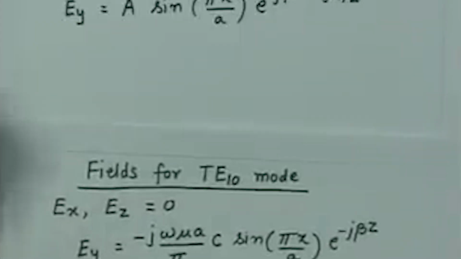So, if I want to get the instantaneous field as a function of x, y, z, I take the real part of this quantity.